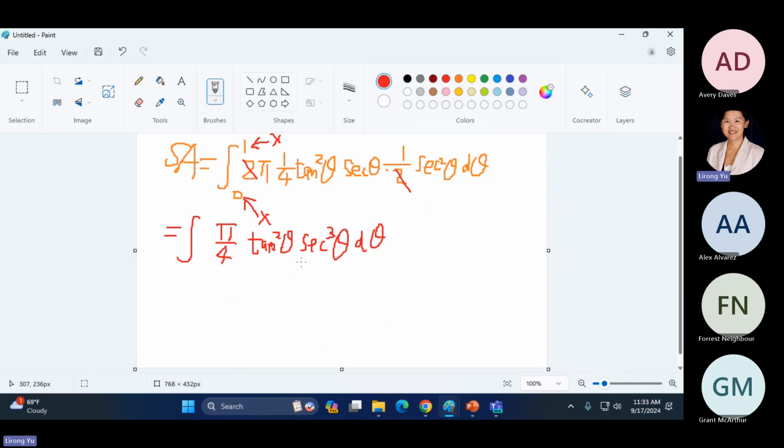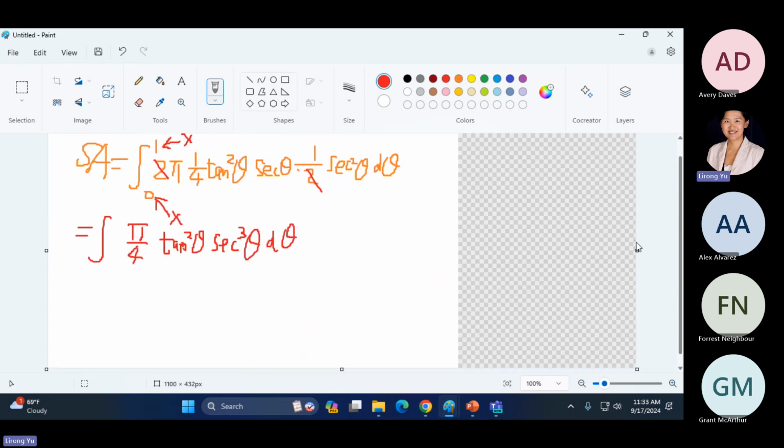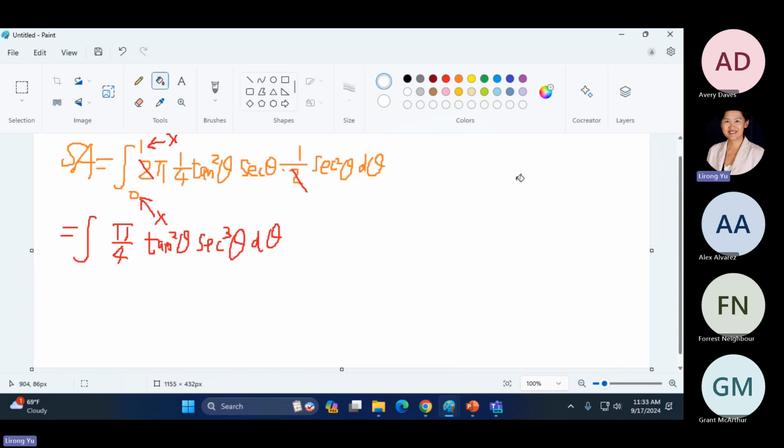So we will have to write all the tangent into secant and actually do the power of secant. All this practice that we did in 6.2 is now useful. We are dealing with integration of the secant function. So the plan was to rewrite the tangent squared as secant squared theta minus 1.